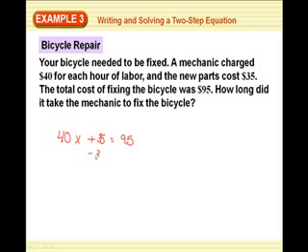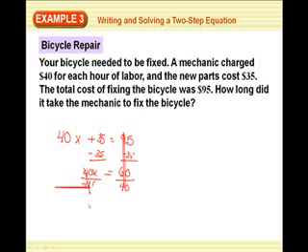So we're going to minus 35 first. Minus 35. I get 60 equals 40x. Divide by 40. My pen is deciding not to work for some reason. Sorry. Divide by 40.